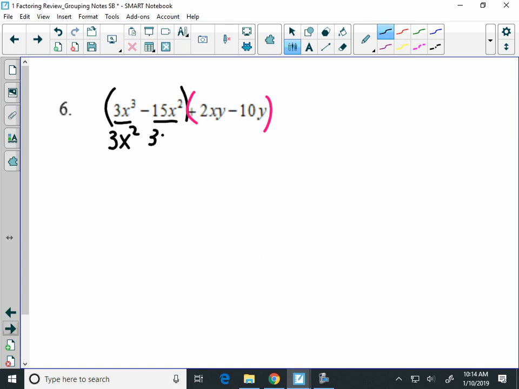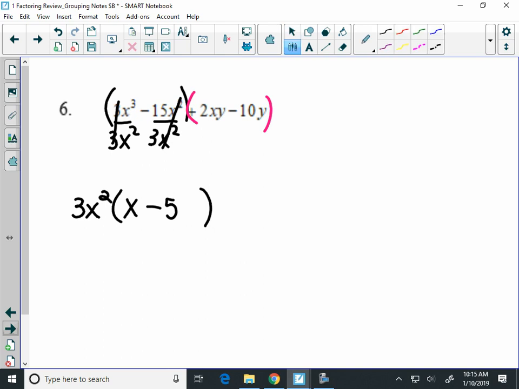So I'm going to pull out x squared because that's the smaller of the two. So I'll pull out a 3x squared. And when I divide that, the 3's cancel off, and x cubed divided by x squared is just x. Negative 15 divided by 3 is negative 5, and here the x squares cancel off.